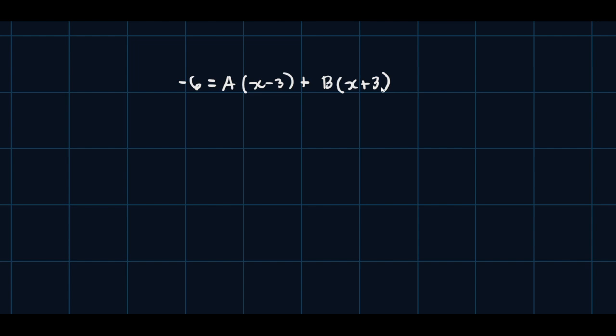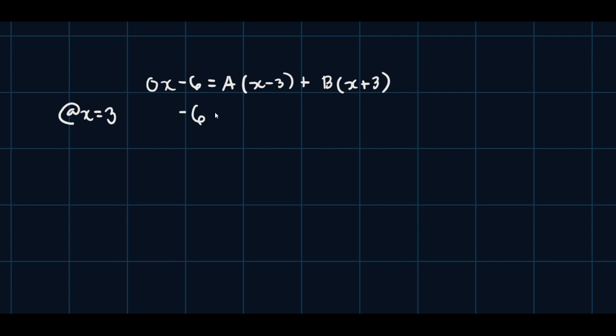So, ano ba yun? Notice na maganda naman yung pagkakagroup dito. A times quantity x minus 3 plus b times quantity x plus 3. And then, the left-hand side is technically 0x minus 6. Okay, so let's say at x equals 3, the left-hand side would still be negative 6.